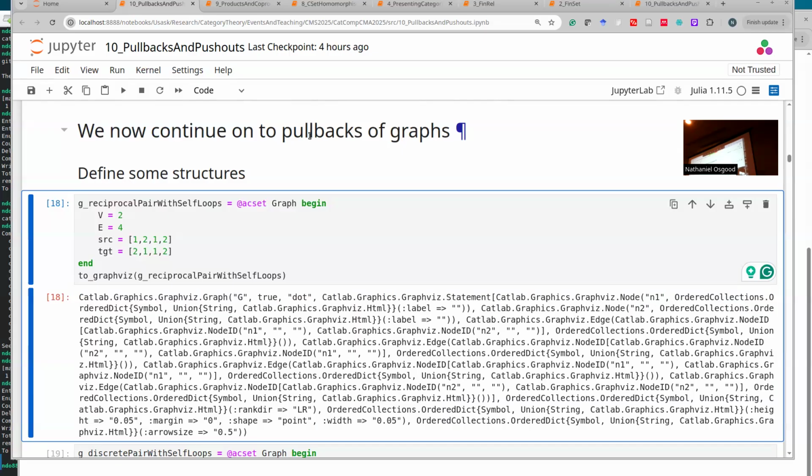As Eugenia Cheng says, if you have a bunch of pants and a bunch of shirts, a product would be like taking the set of pants and considering all pairs of pants and shirts. We might take a pullback, which would be like taking shirts and pants of the same color.